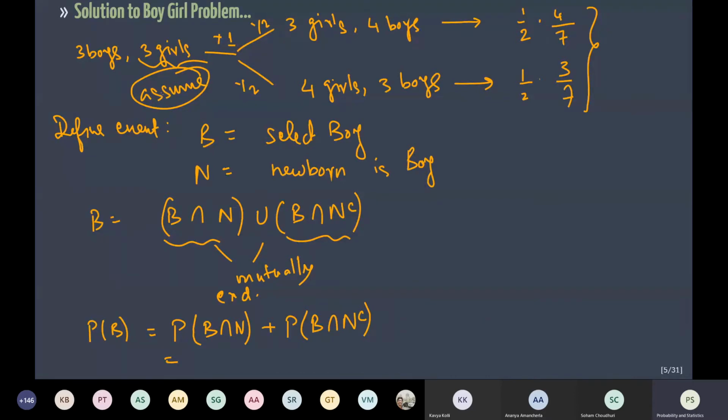So you're right. This is the probability of selecting a boy given that the newborn is a boy. So this is the case here. So this will be half times 4/7, and similarly, this will be half times 3/7.